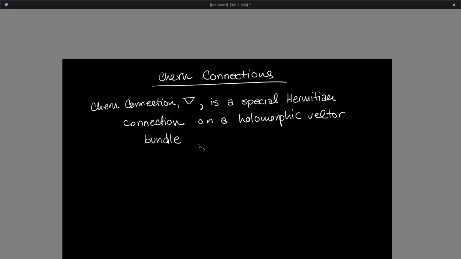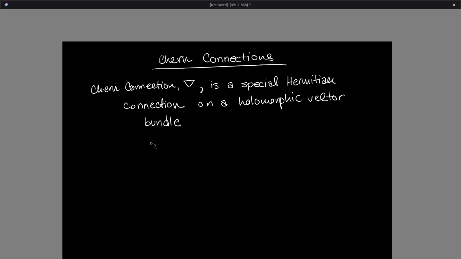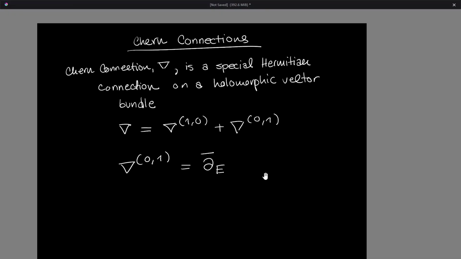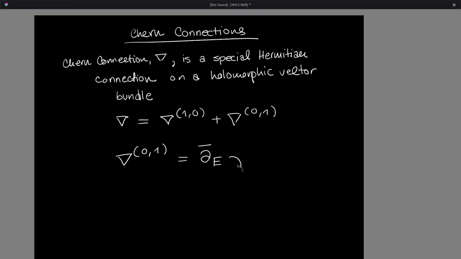On a holomorphic vector bundle, it decomposes as nabla is equal to nabla 1,0 plus nabla 0,1. Obviously, if it wasn't a holomorphic vector bundle, we couldn't do this decomposition, so that's why it needed to be one. And in that case, nabla 0,1 is equal to bar partial E, the canonical Dolbeault operator.